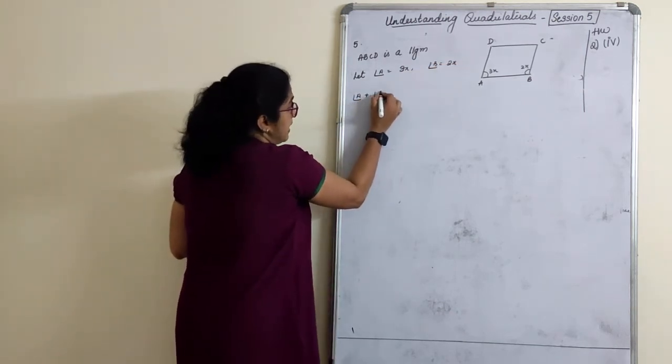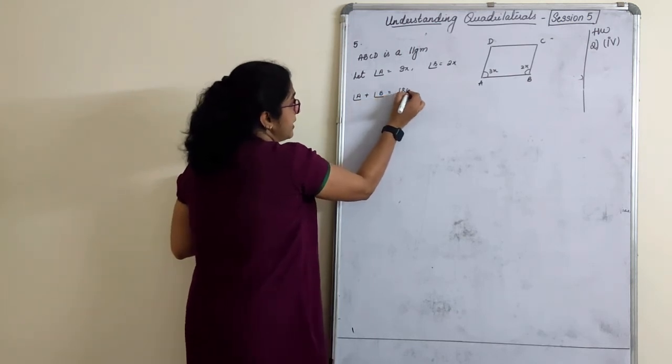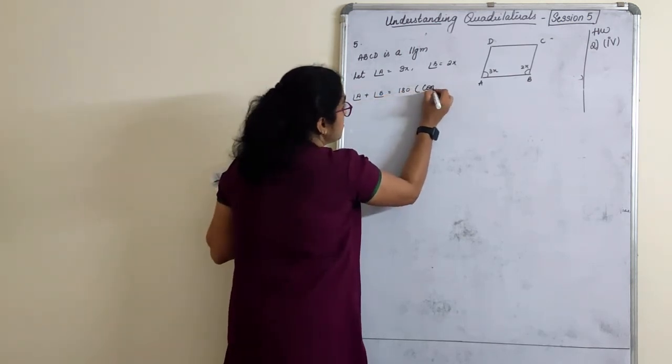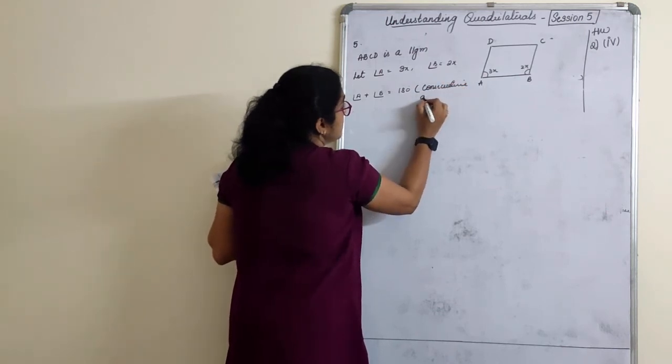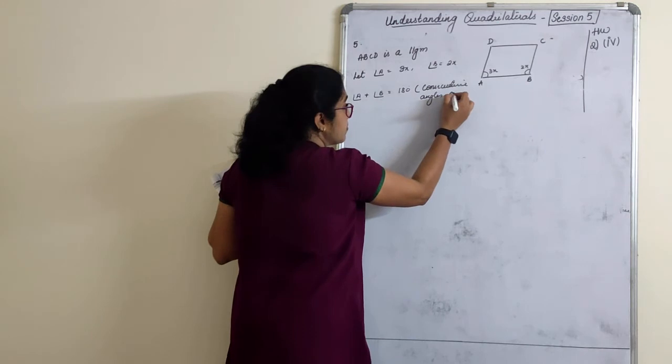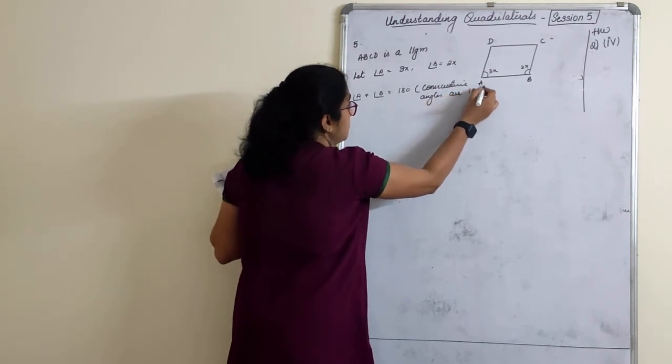Angle A plus angle B is equal to 180. Reason: consecutive angles are supplementary.